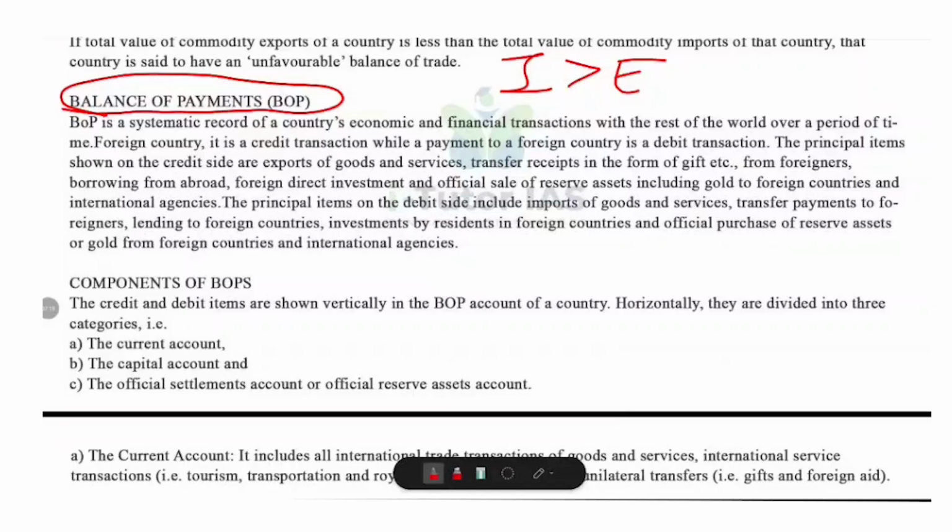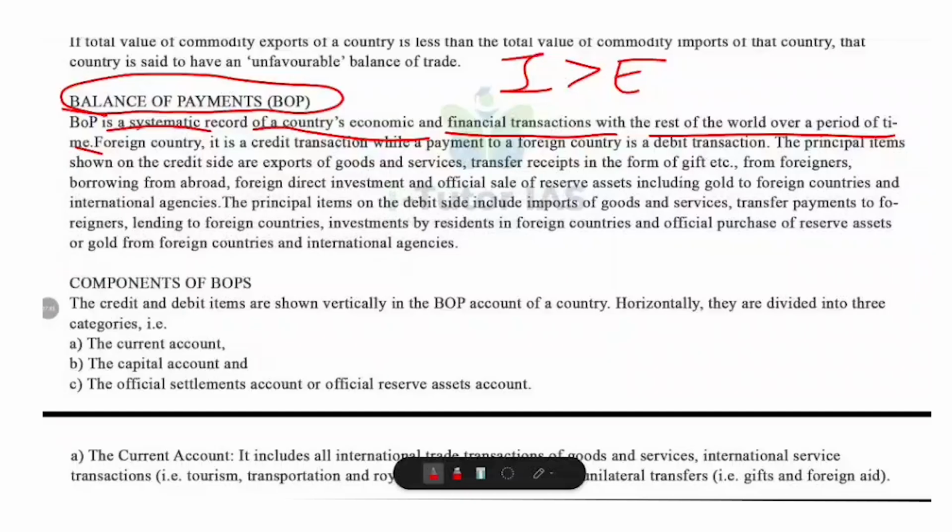It includes not only trade in goods like BOT, but also trade in services, then capital flows, remittances, foreign investments and loans.